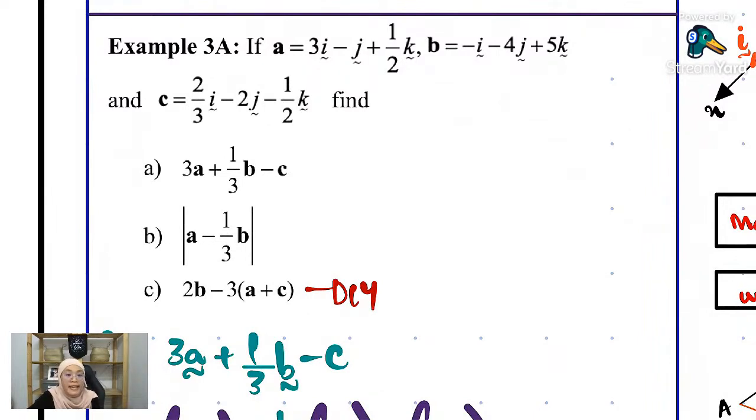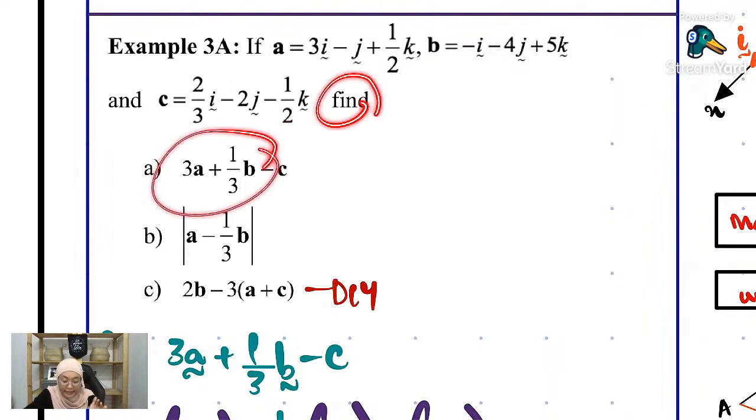We have here, if A vector is 3i minus j plus 1 over 2k, B is equal to negative i minus 4j plus 5k, and C equals 2 over 3i minus 2j minus 1 over 2k, then find these things. Question A and B, I'll do it. Question C, you will do it by yourself, okay?